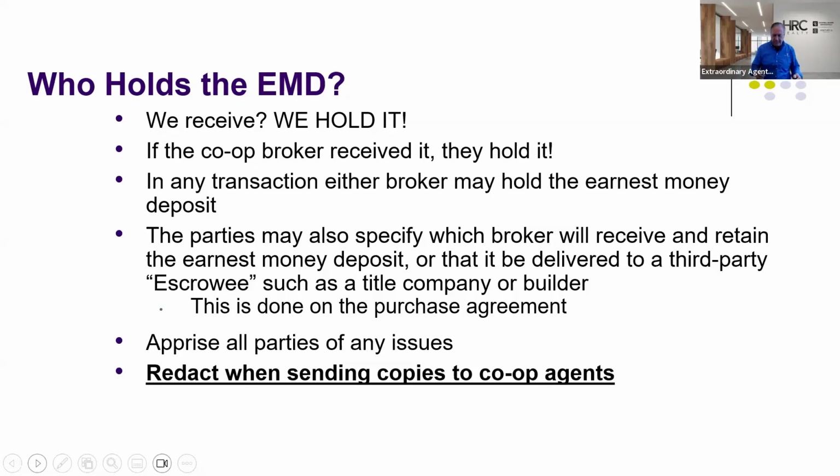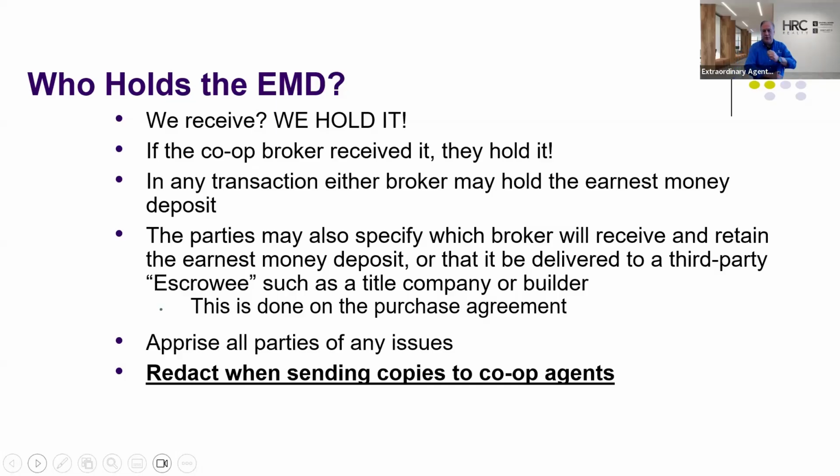My wife, who's been in title and mortgage, works with me on our transaction. She said, make sure that everybody remembers this. You have to cross out the account number when you send copies of the earnest money deposit.